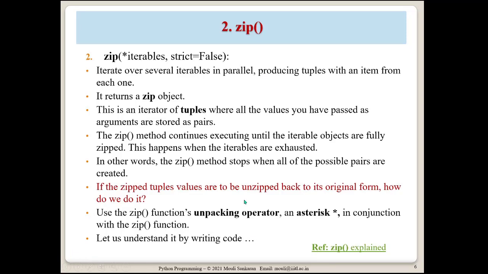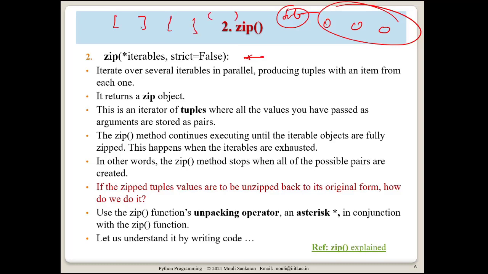What is zip? Zip is putting something together, right? With 7-Zip or WinZip, we put different files into a single file. So here, I have multiple iterable objects with some elements. I want to zip them all.